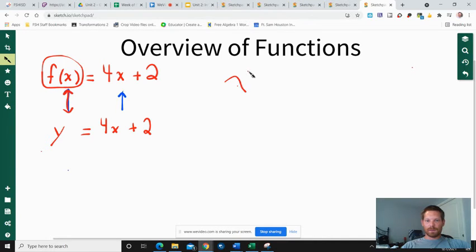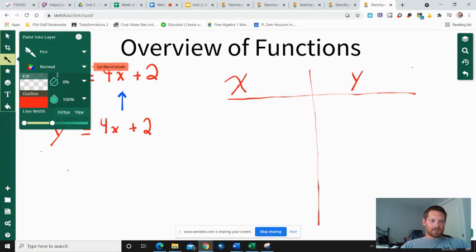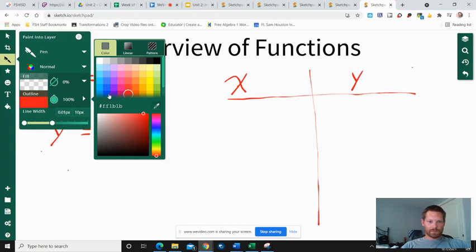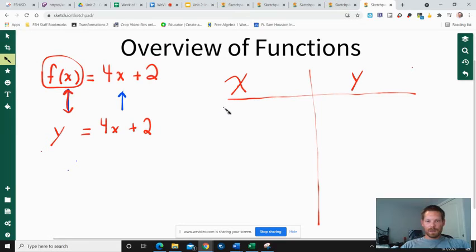So let's talk about that, right? I'm going to make a little T-chart here for our vocabulary. Different names for x and y, because there's quite a few. And I'll change colors. All right, so the first name you need to know for x is input.